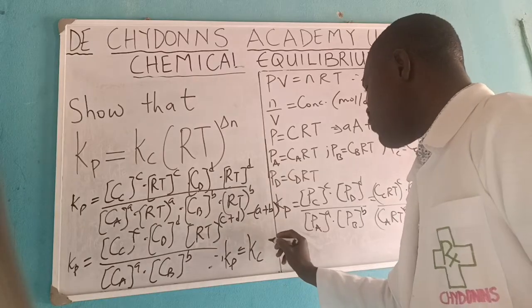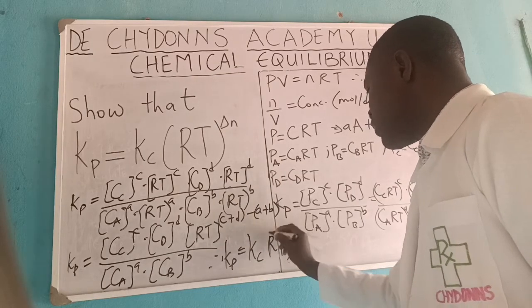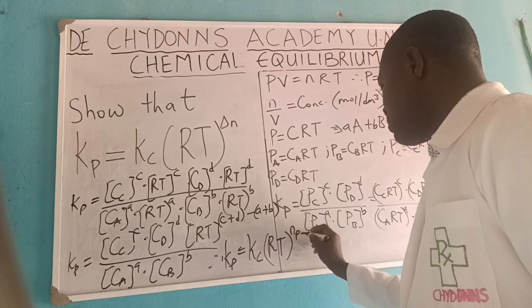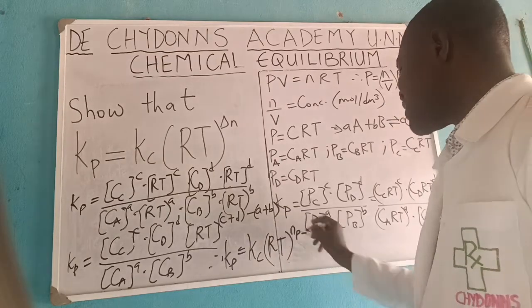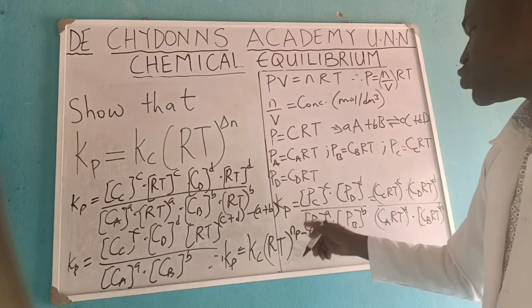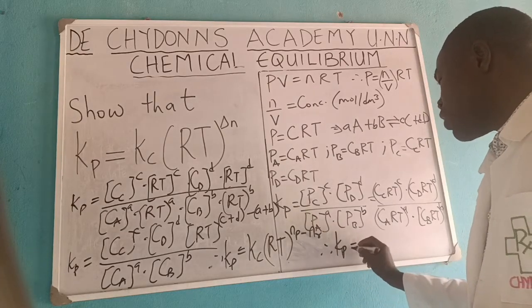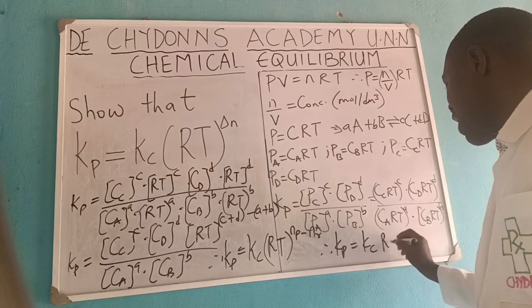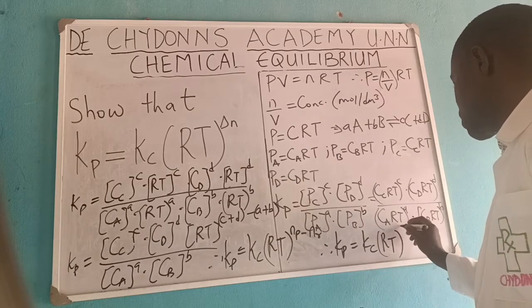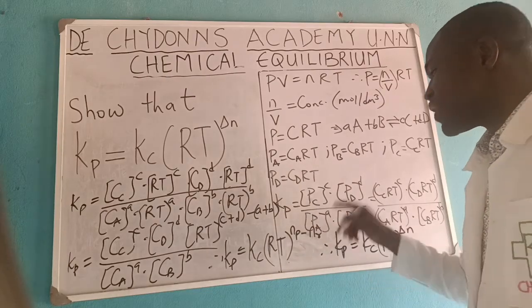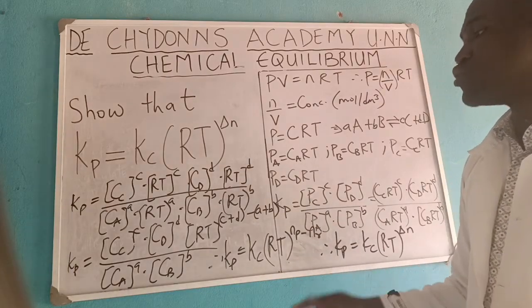Then you now have RT raised to power of, this one is the number of products minus this one is the number of reactants, and that is where we got change in n. Therefore, Kp will be equal to Kc RT to the power of change in n, number of products minus number of reactants. So that is how to prove this.